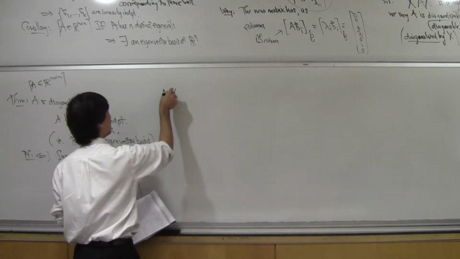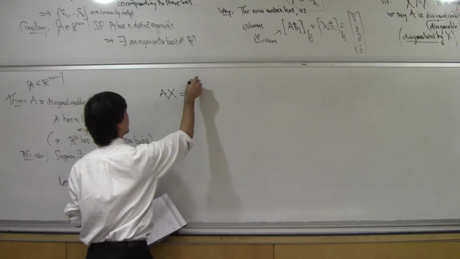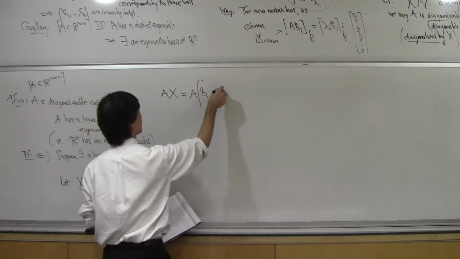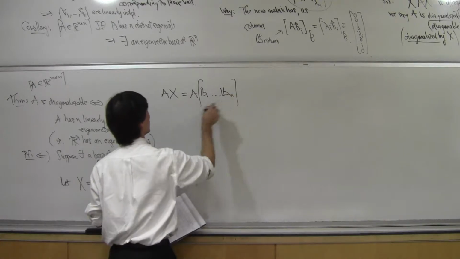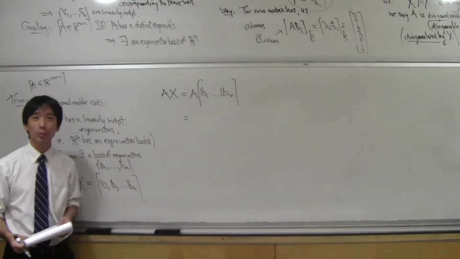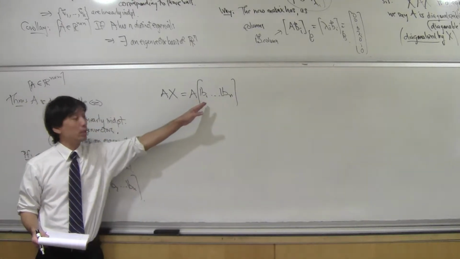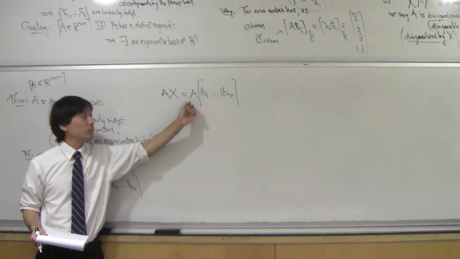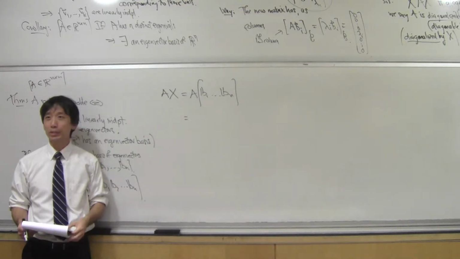What is A times X? What happens when you multiply a matrix, a bunch of columns, on the left by some matrix?